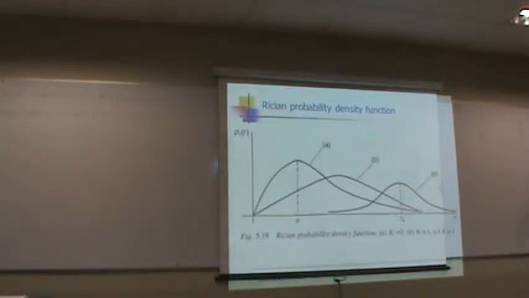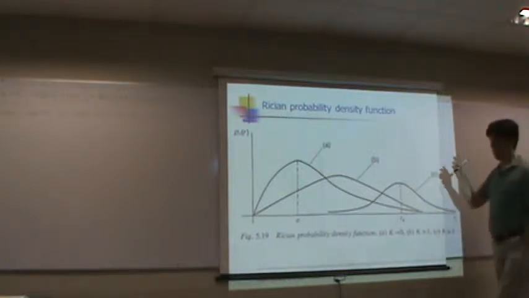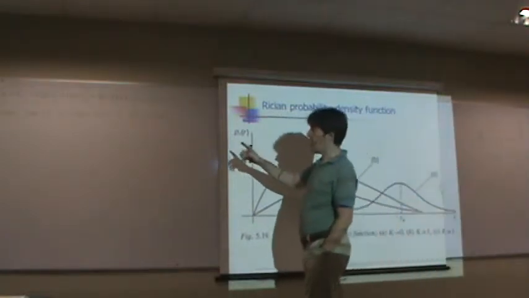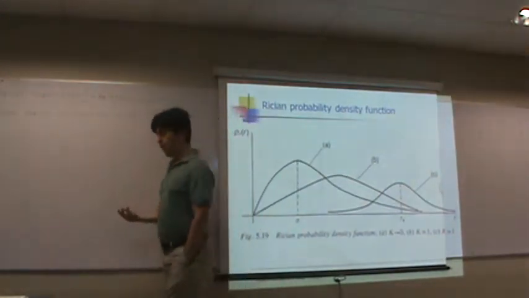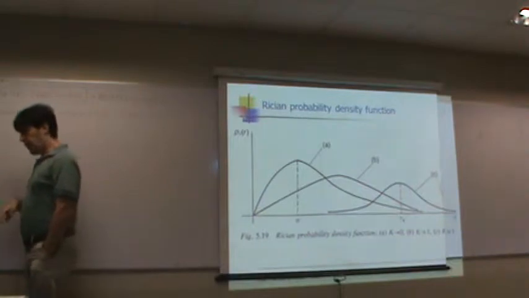We knew exactly the geometry of the situation. We knew exactly what were the distances, the antenna heights, and we had only a direct path and a reflected path. In this situation, when we have multiple reflections, we are not in a deterministic scenario.